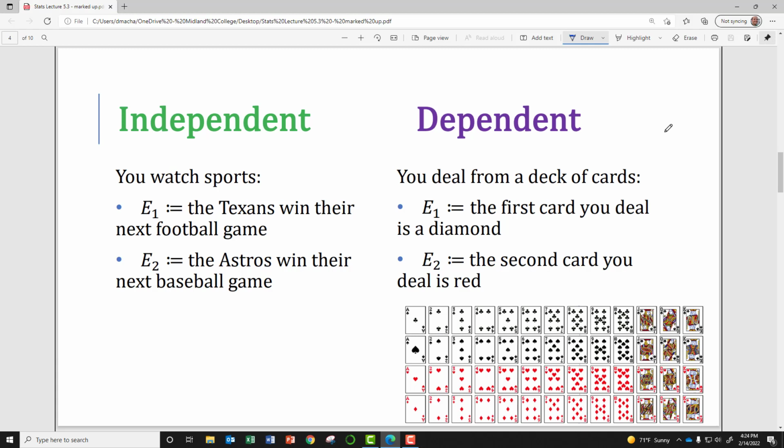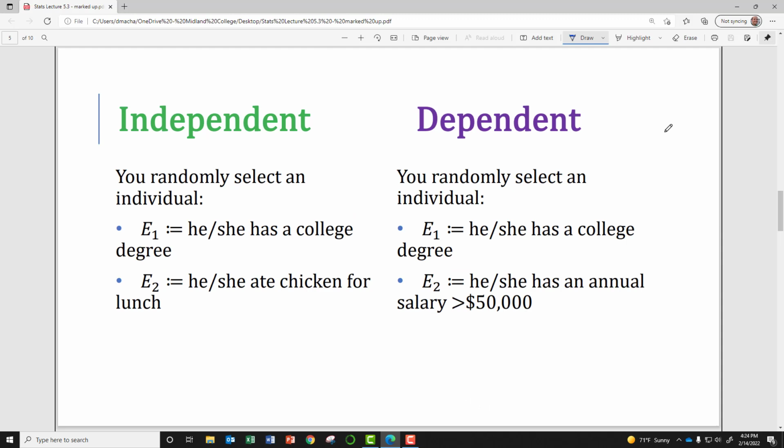Well, if E1 is a success, then you've actually removed one of the red cards from the deck because diamonds are red cards. And so, of course, that's going to actually lower the probability of success for E2. So that's why those are dependent events. Again, it's just lots of examples, I guess, to drive this point home.